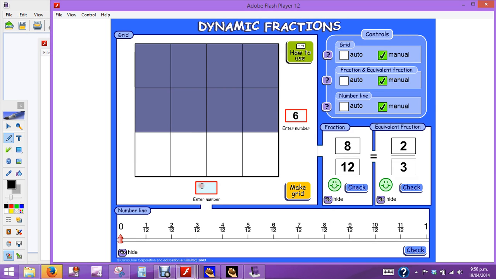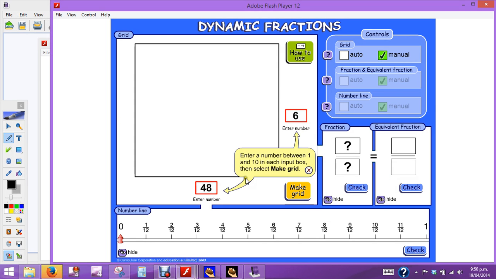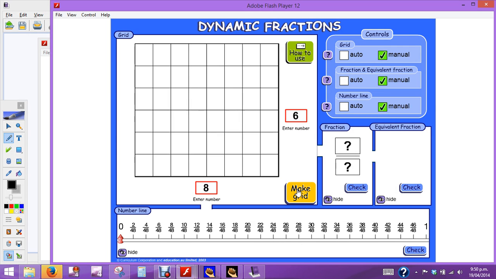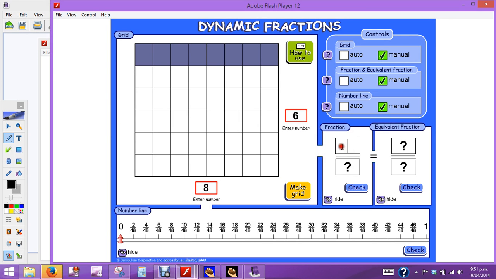So let's make a 48 grid. Six bits. I may as well take the strip along there. Alright, so let's just check that I am properly showing 6/48, and I need to simplify it.